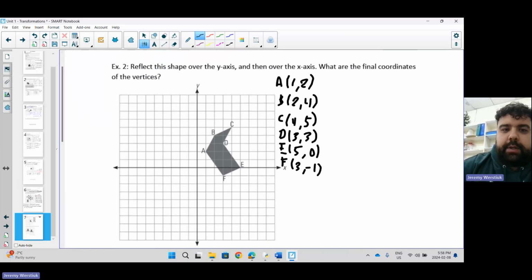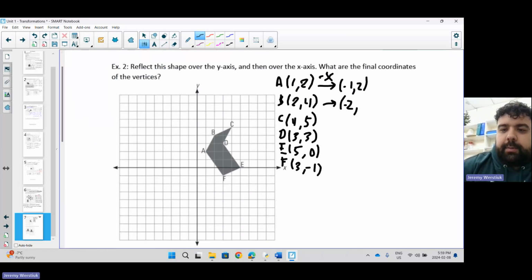So first thing we're going to do is reflect it over the y-axis. And so if we reflect it over the y-axis, that's going to make all of our x coordinates negative. So we're going to have negative x now. So we'll go to -1, 2.